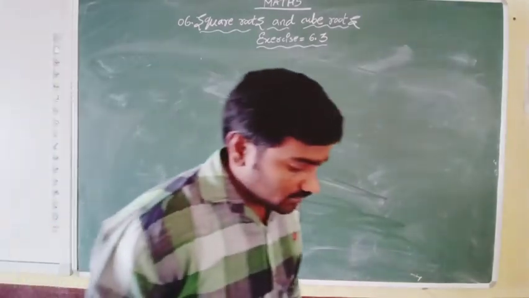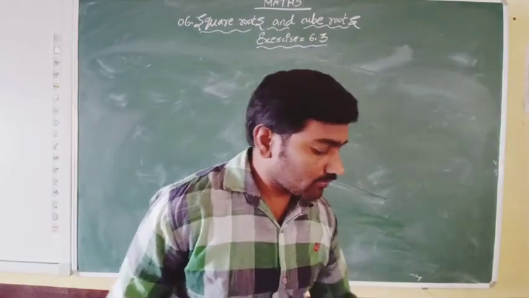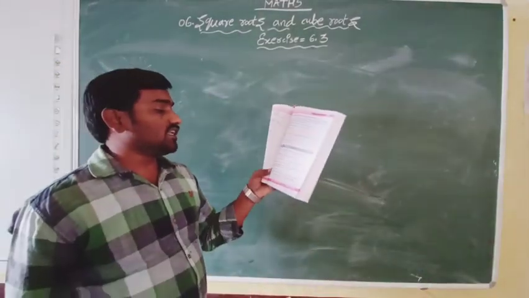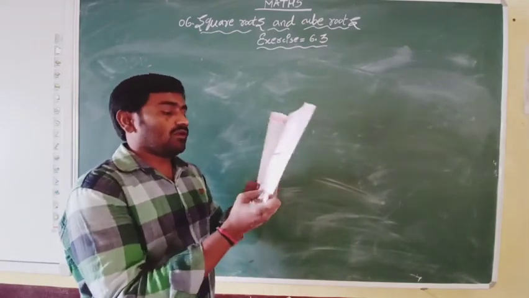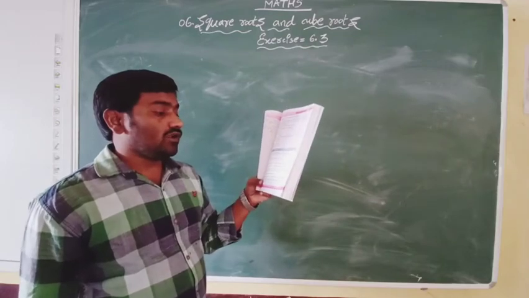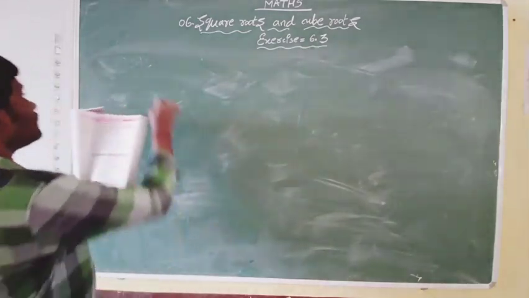Then the 7th question: find the least number which must be added to 6412 to make a perfect square.